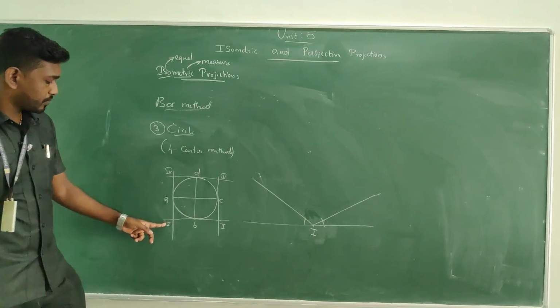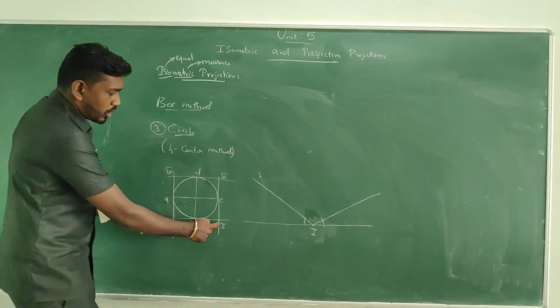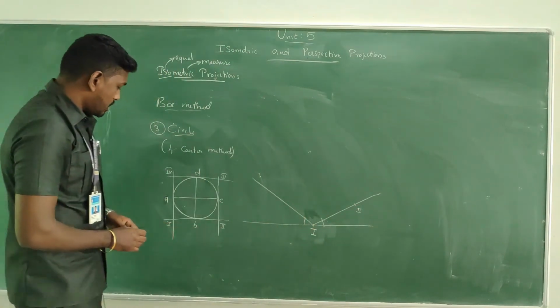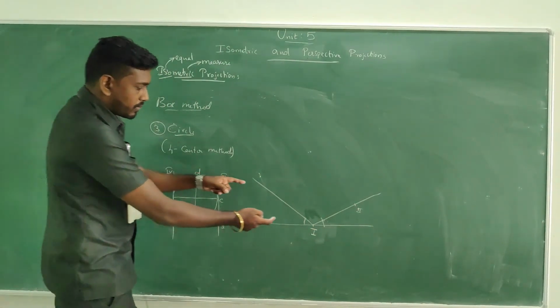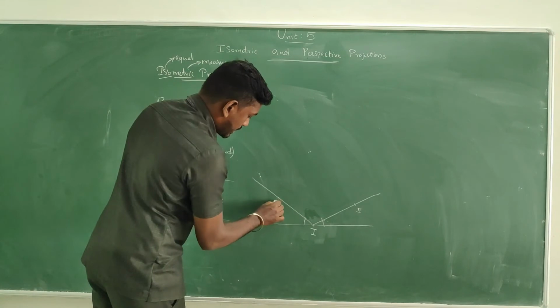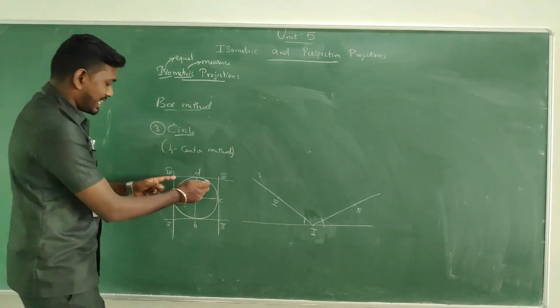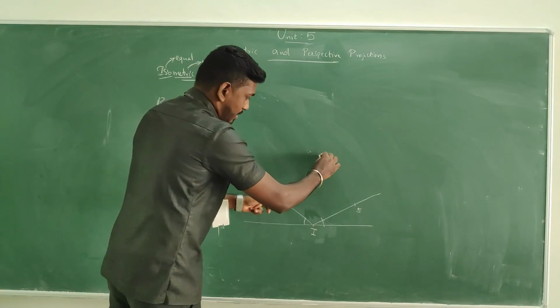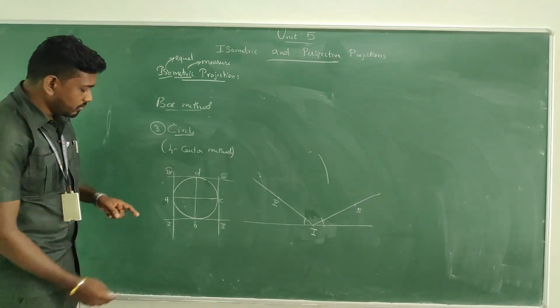Take the measurement 1 to 2, just make a cut. So here you get it. Take the measurement 1 to 4, just make a cut. Here you get 4.